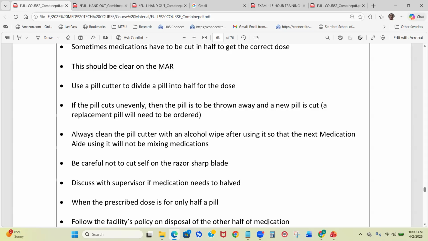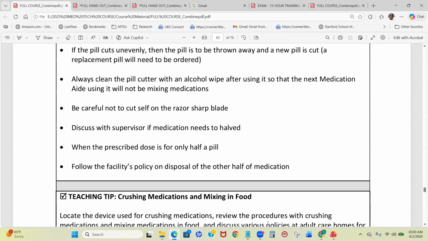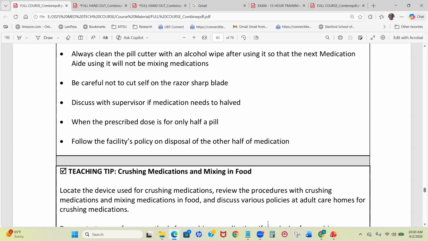So be gentle when you're doing it to avoid all that drama from happening, and be gentle that you don't cut yourself with that pill cutter. Discuss with your supervisor if the pill needs to be halved and you are not getting it right, so you don't end up wasting too many of the pills because it costs them thousands of dollars.